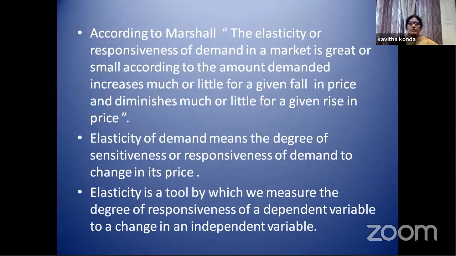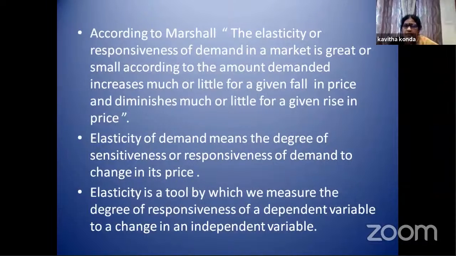Okay, and according to Marshall, he defined elasticity as follows: the elasticity or responsiveness of demand in a market is greater or small according to the amount demanded increasing much or little for a given fall in price, and diminishing much or little for a given rise in the price. Means what is happening in the market at a given price?